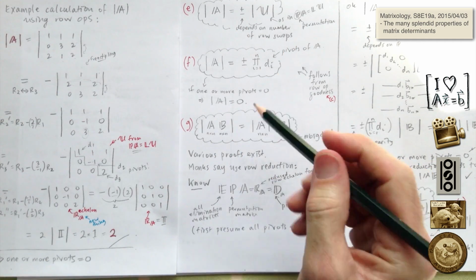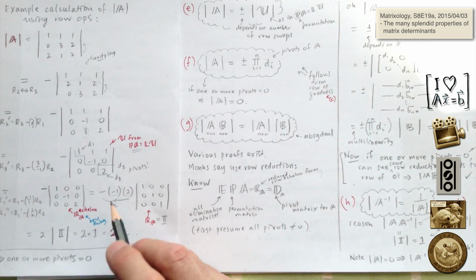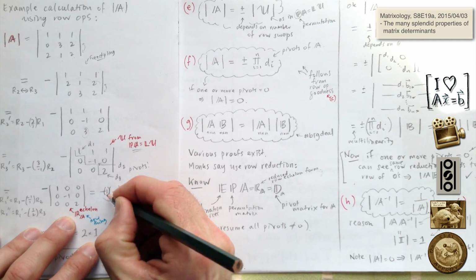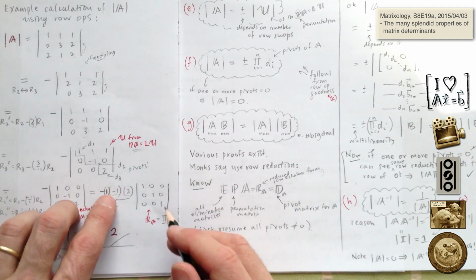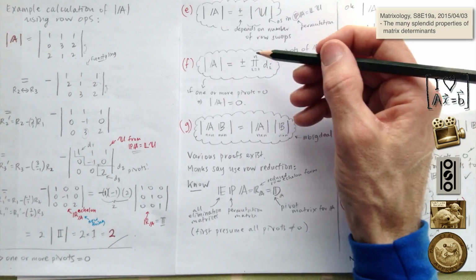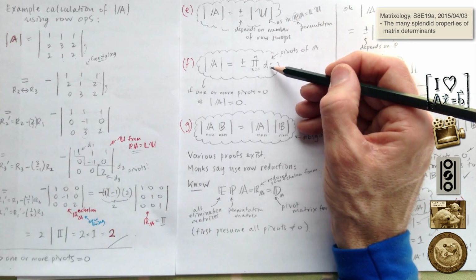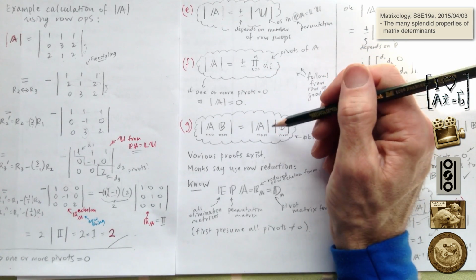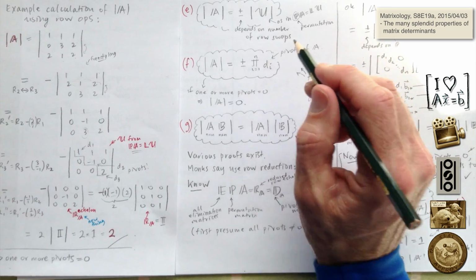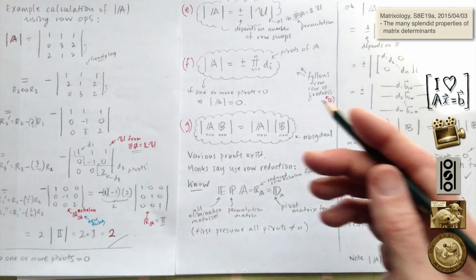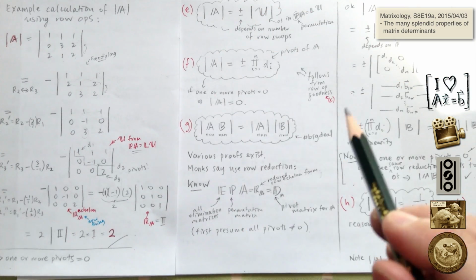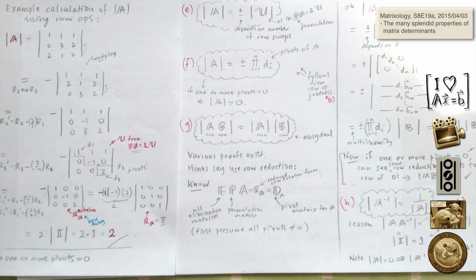And what is it in fact? You can see it here, right? There was really a 1 there as well, which was the first pivot. So it's plus or minus the product of the pivots, and we use D for pivots. So that's kind of a big deal. The determinant of A is the product of its pivots. These funny things that have been important early on, they've cropped up again.